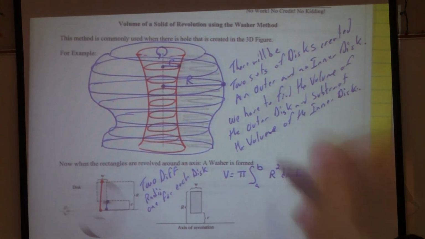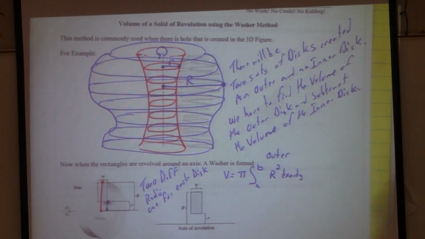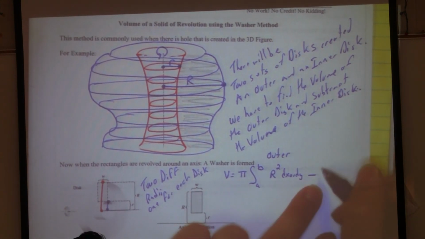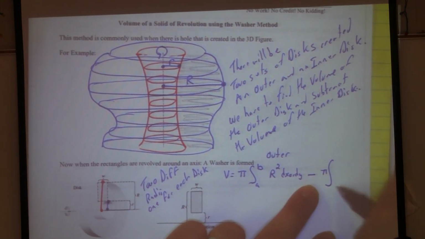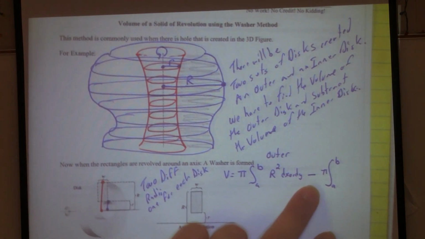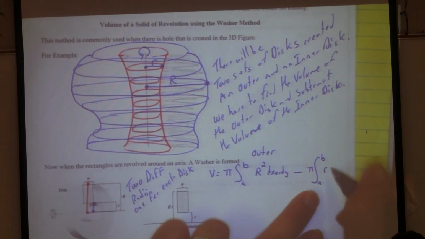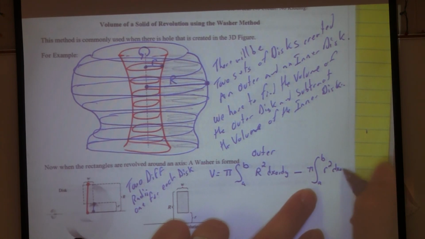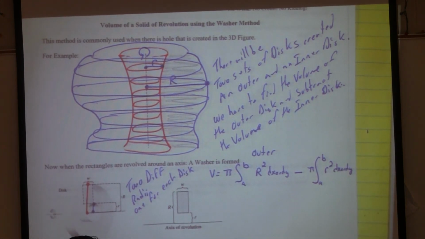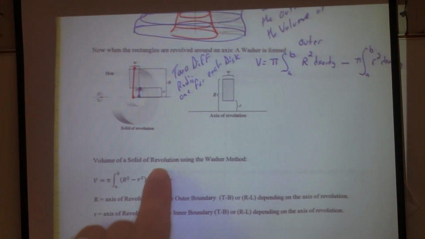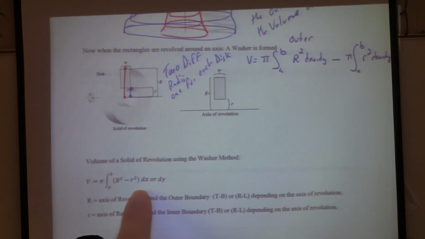This is the volume of the outer disk, and we need to subtract pi times the integral from A to B of the inner disk, little r squared dx or dy. Now could we put that whole thing together into just one integral? Yes, because they both have pi and they're both going from A to B. When you do that, that becomes the formula for the volume of a solid of revolution using the washer method.